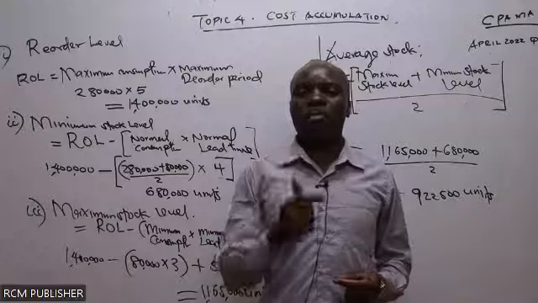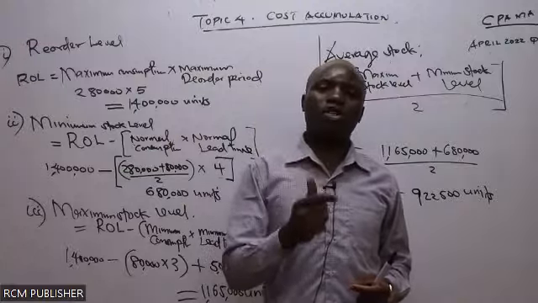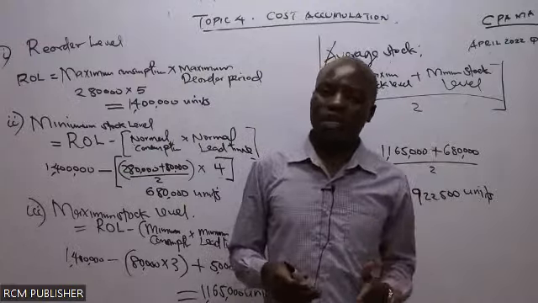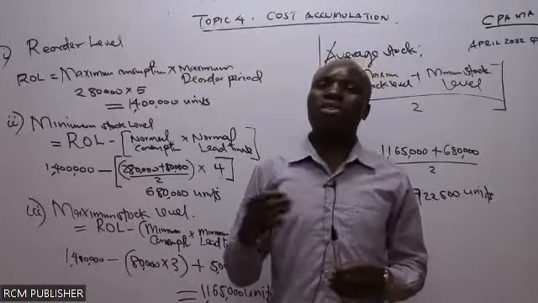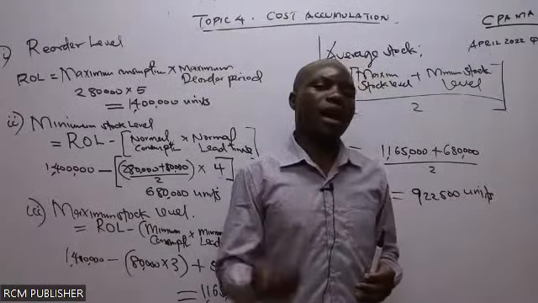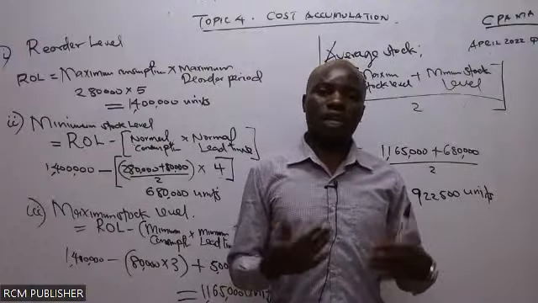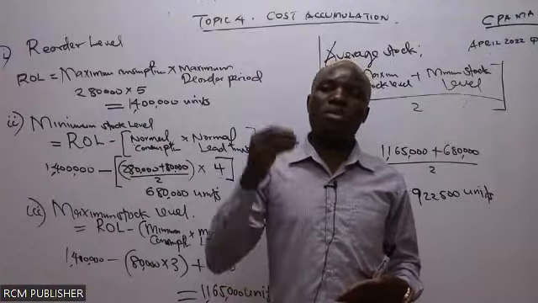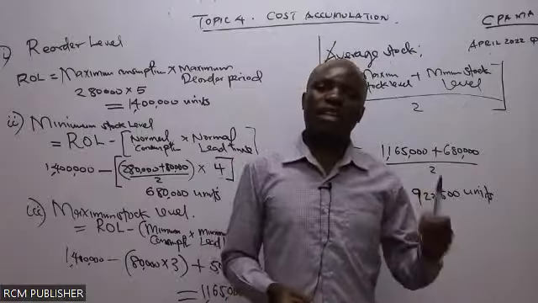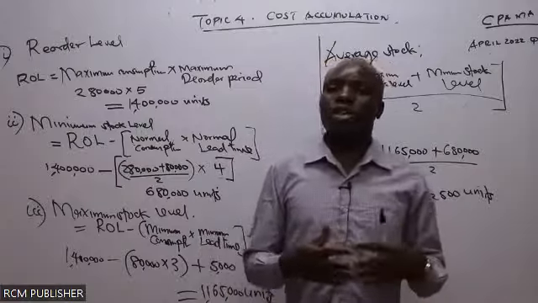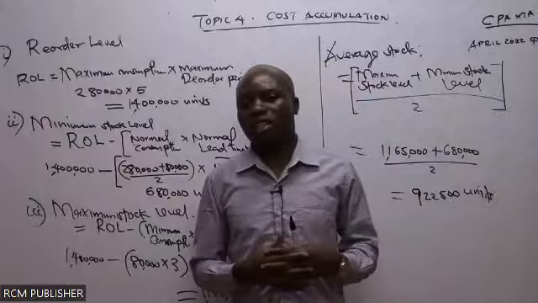I will be able to arrive at a balancing point whereby the units ordered will not be less, the amount incurred will not be high. The operating cost that we incur to take care of these goods from the time we order them to the time we sell them to the final customer, we should be able to minimize those costs.